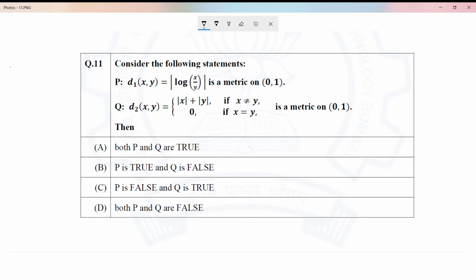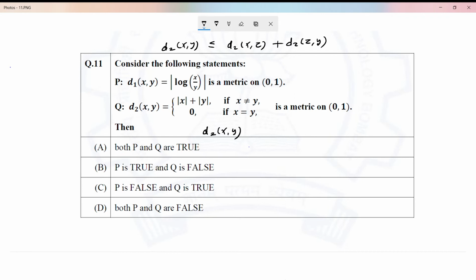For this we have to consider two cases. Case number one: consider d2 of x, y. What is the triangle property for d2? It is d2 of x, y should be less than or equal to d2 of x, z plus d2 of z, y.